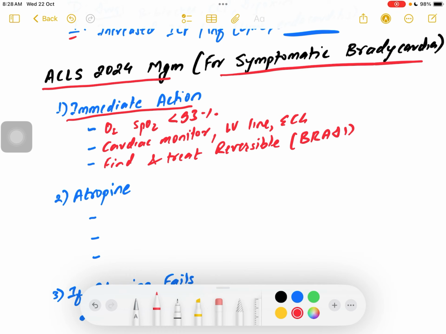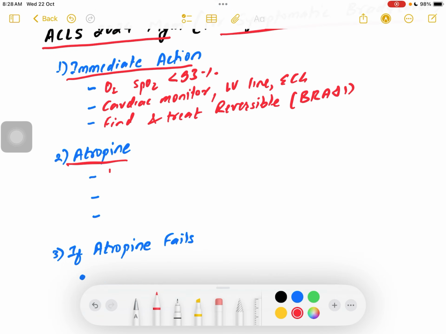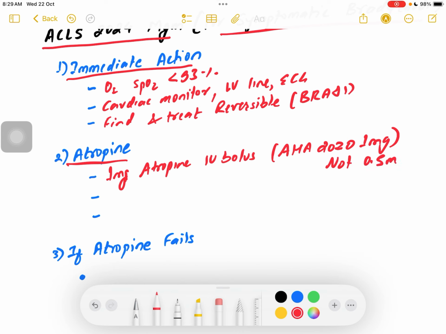After that, A for acute coronary syndrome. ACS, especially inferior MI, can cause bradycardia. D for drugs like beta blockers, CCBs and digoxin.